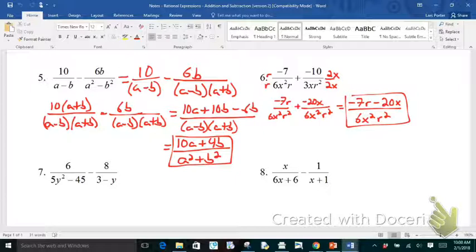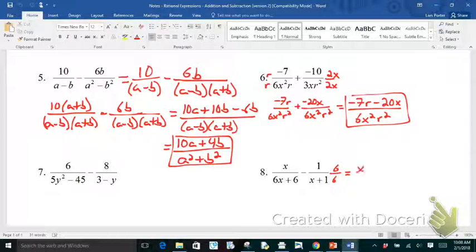All right, last problem is number 8. The reason why I think 8 still falls in this least complicated set of problems is we could easily factor out a 6 over here, and it would leave us with 6 times x plus 1, which really means the only thing we're missing over here on the right is a 6.